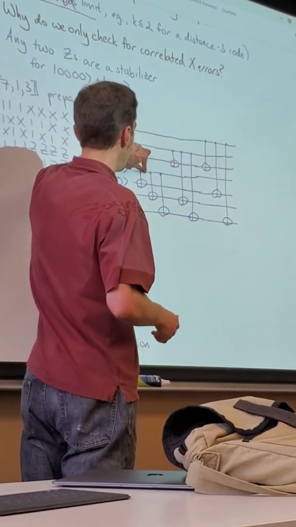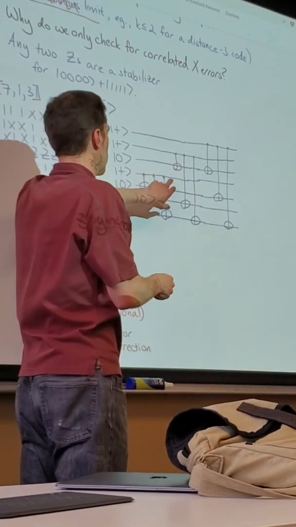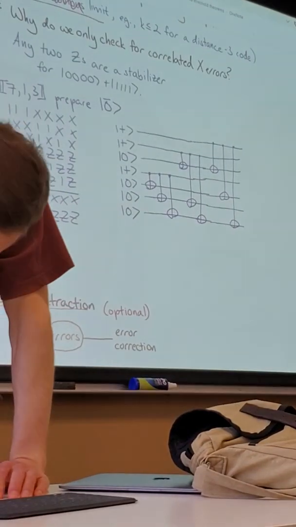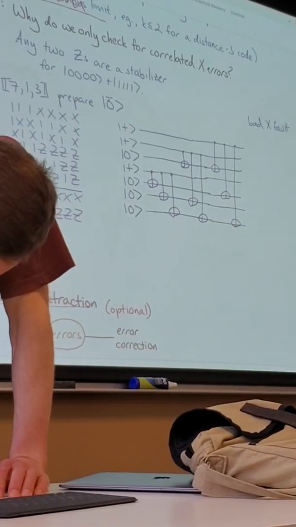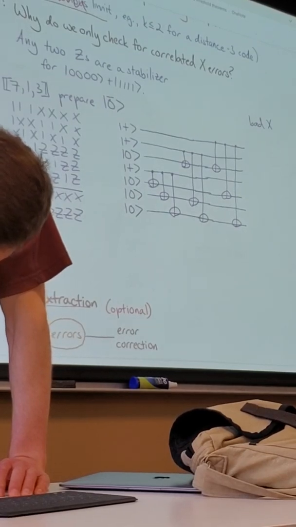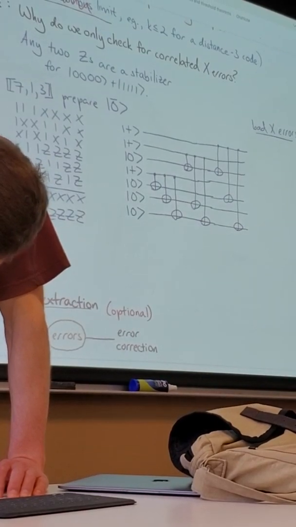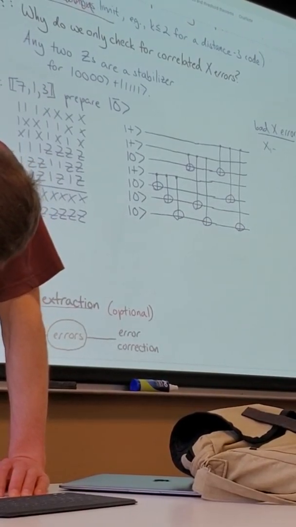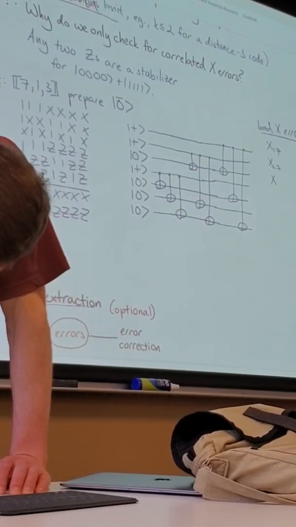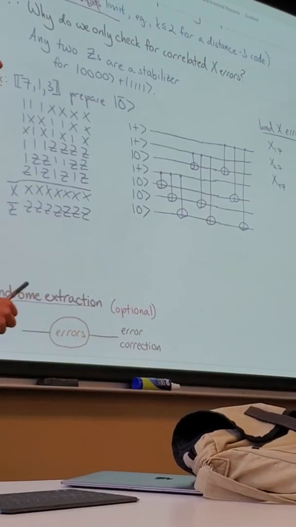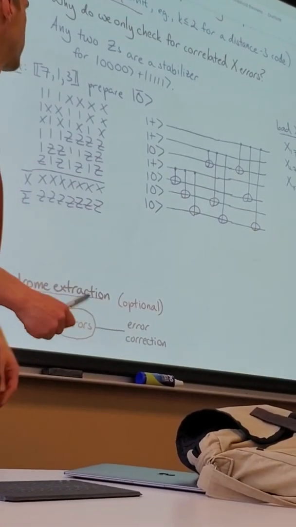Again, those are the only bad cases, because an X error here becomes a weight 3 X error, but that's equivalent to weight 1. So the only bad X errors are X1, X7, X2, X7, or X4, X7. So we need some circuit that checks all of these. What can we do actually?